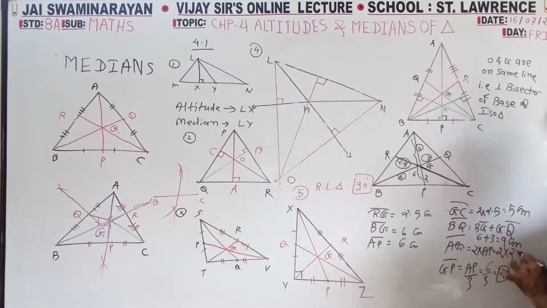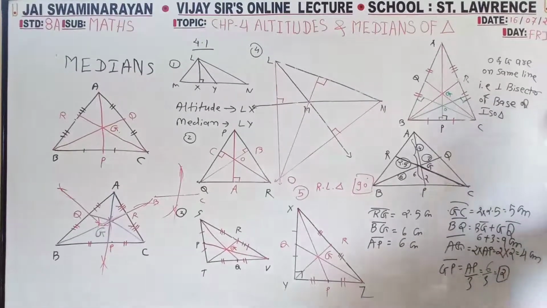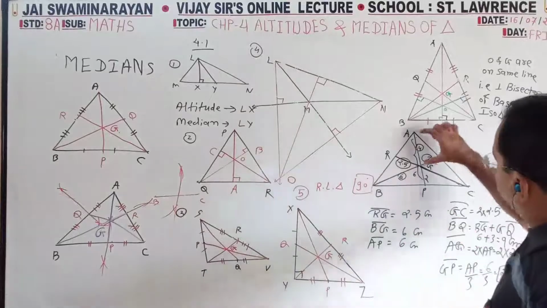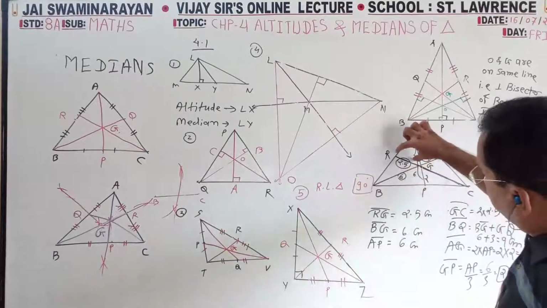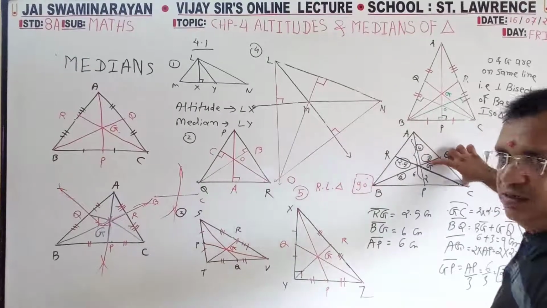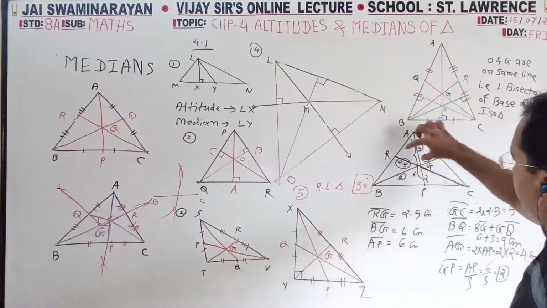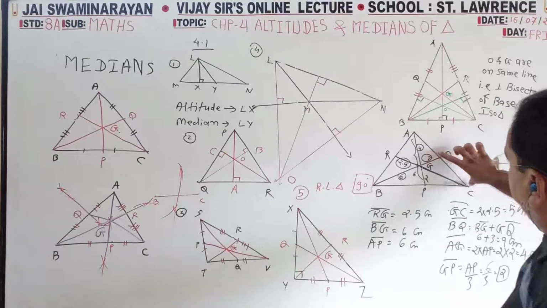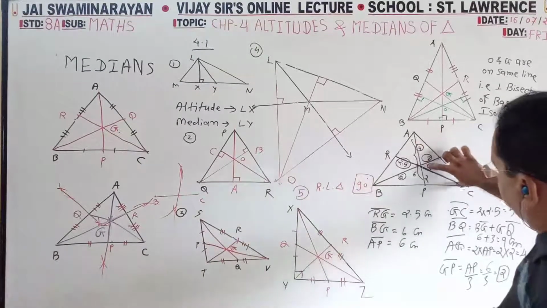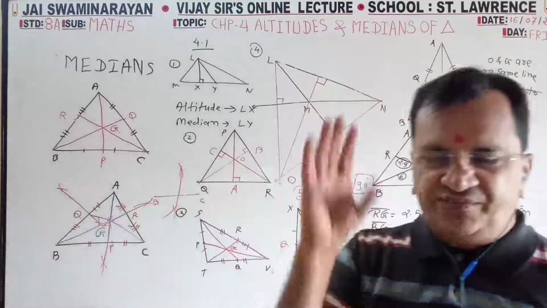So 2 into 2 is equal to 4 centimeter. Suppose the big one is given, make it half. Suppose the small one is given, make it double. And suppose the full is given, this is 1/3 and this is 2/3, and directly this plus this. You have to make the 2 for every median.